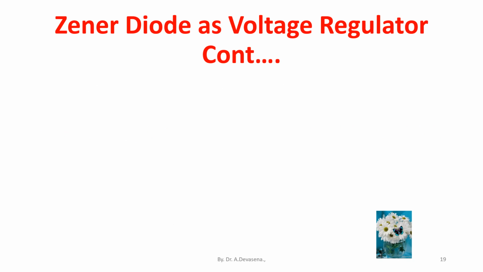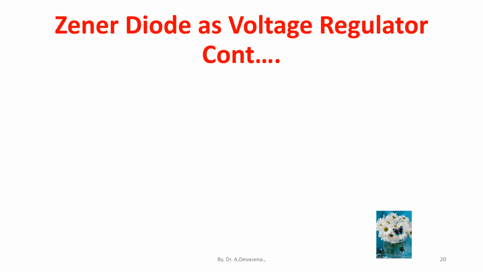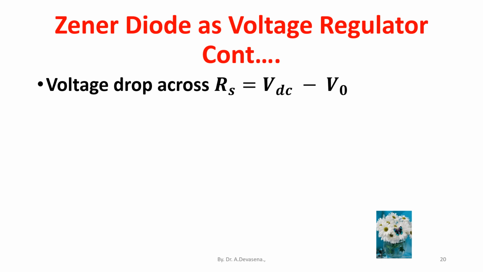When the circuit is properly designed, the load voltage V0, which is equal to V suffix Z, remains essentially constant even though the input voltage V suffix DC and the load resistance RL may vary over a wide range. Voltage drop across the Rs is equal to VDC minus V0.